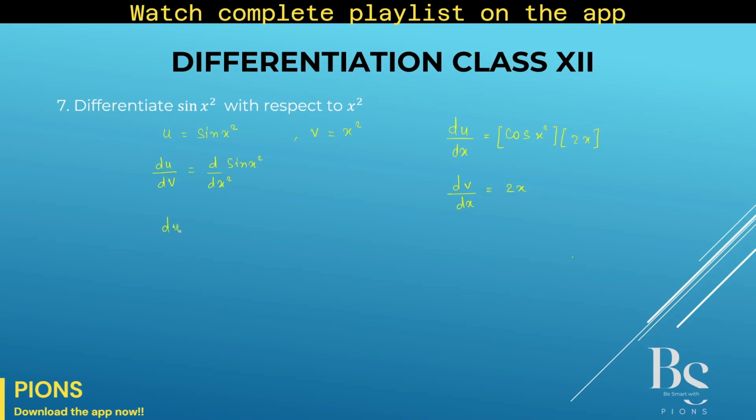How do we find du by dv? du by dv will be equal to du by dx whole divided by dv by dx. Correct? And when you divide both, it will be 2x into cos x square whole divided by 2x. So our final result for this is cos x square. This is the differentiation of sine x square with respect to x square.